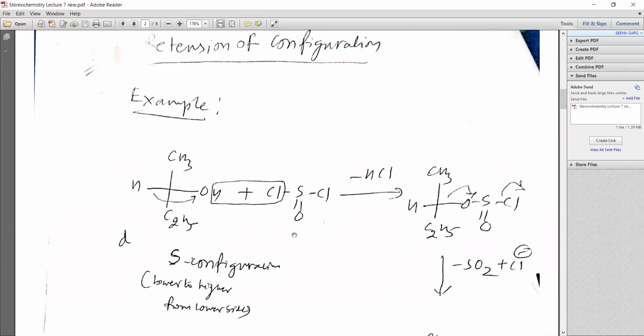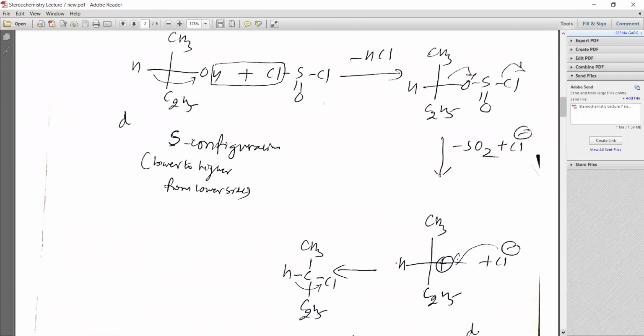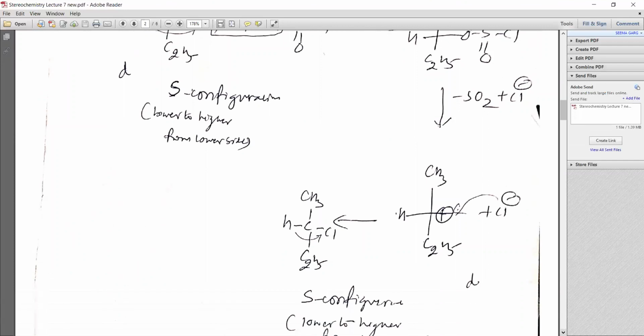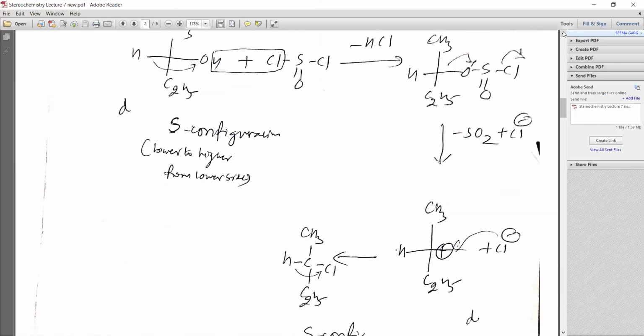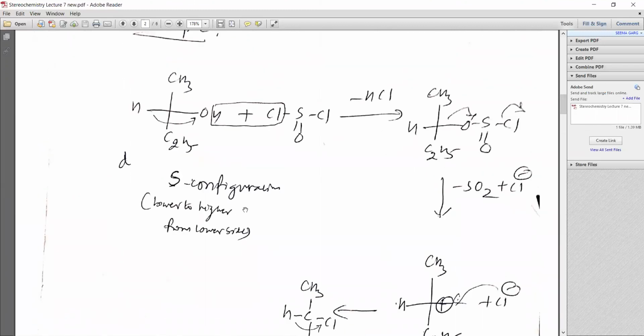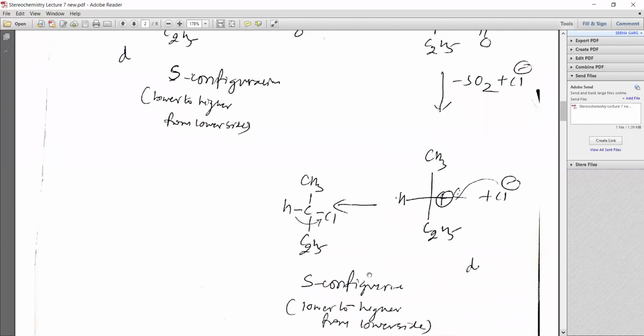Retention of configuration. When 2-butanol is reacted with thionyl chloride, we will get the product 2-chlorobutane. Here, the starting material 2-butanol is dextrorotatory, and the product which we are getting, 2-chlorobutane, is also dextrorotatory.